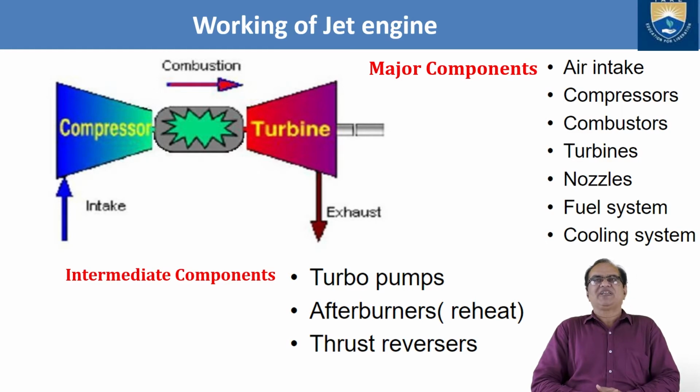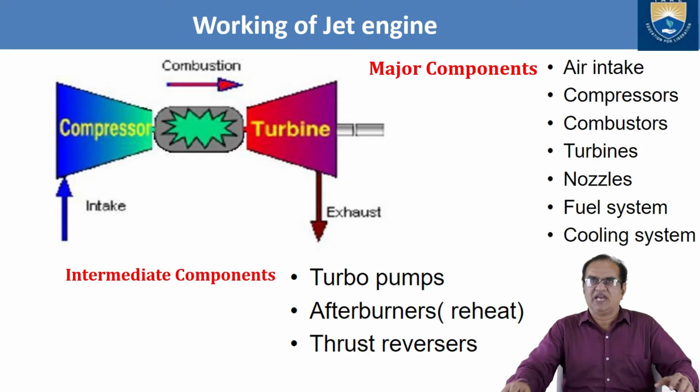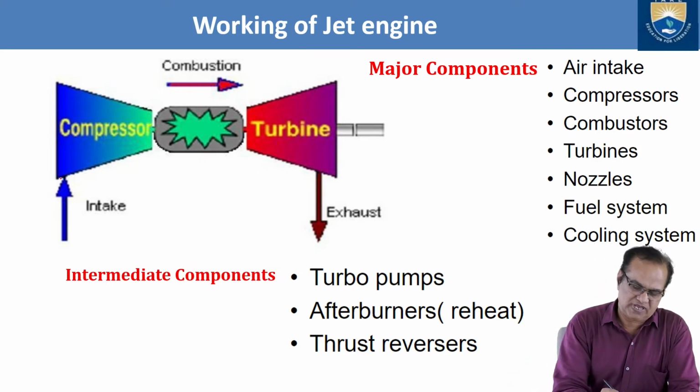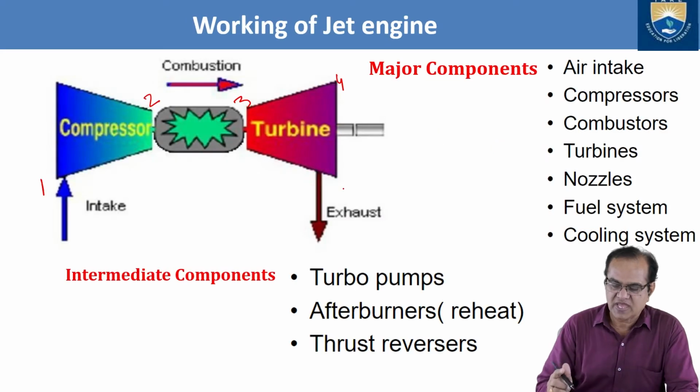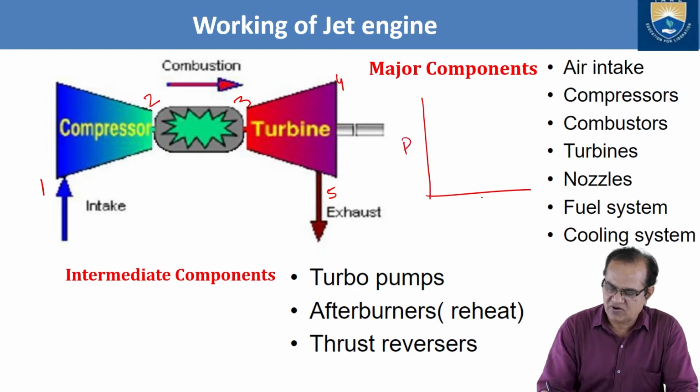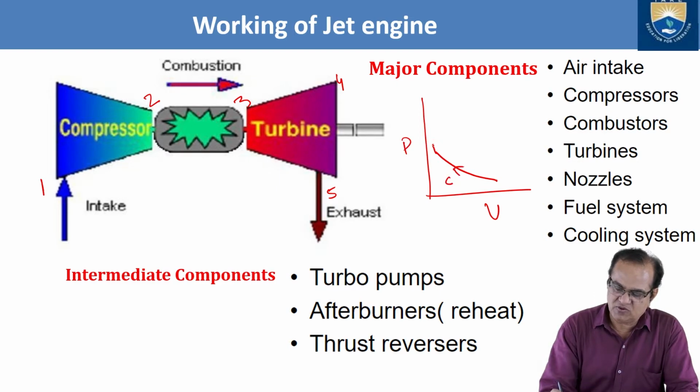Here I have given a basic diagram which shows the compressor. I will label it 1, 2, 3, 4, and here you can write 5. If I draw the PV diagram of this, it is intake. From here it will be compression, this I will write C. From here it goes to the combustion chamber, 1 to 2, 2 to 3.